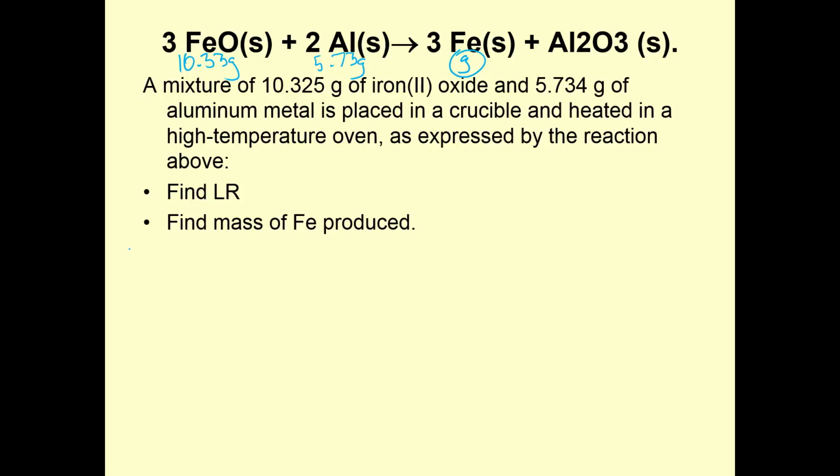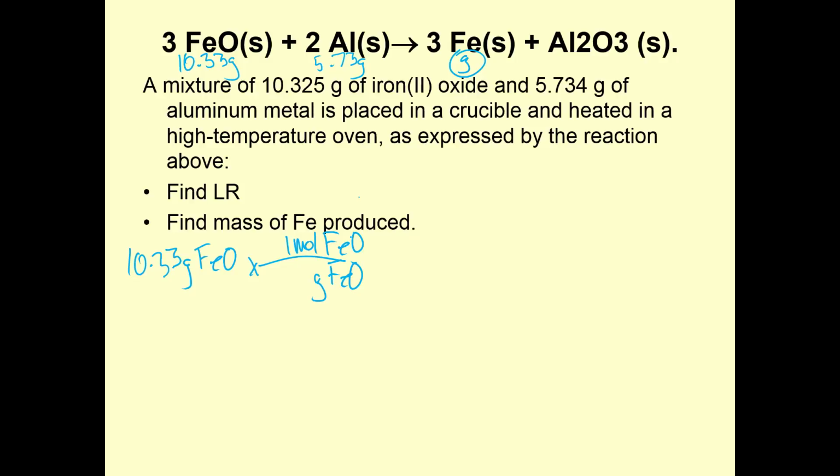Okay, so I'm going to do 10.33 grams of FeO times dividing bar, grams of FeO, 1 mole of FeO. I'm sorry that the screen just decided to get rid of the other one. I would have liked to have done that math with you.